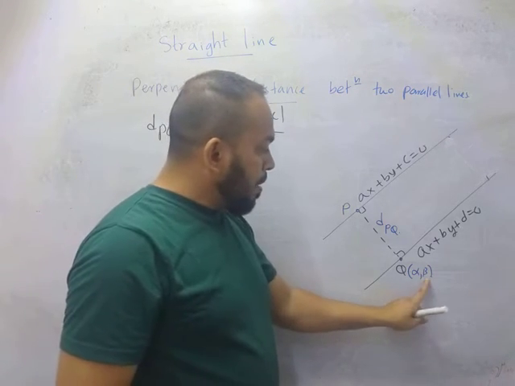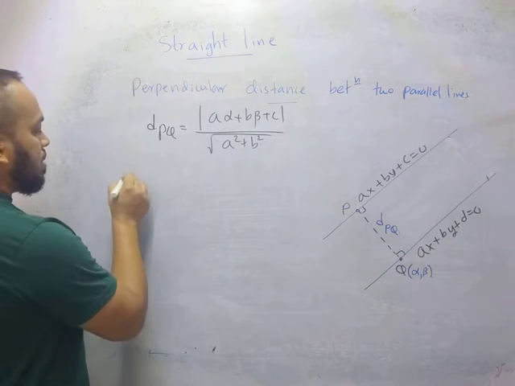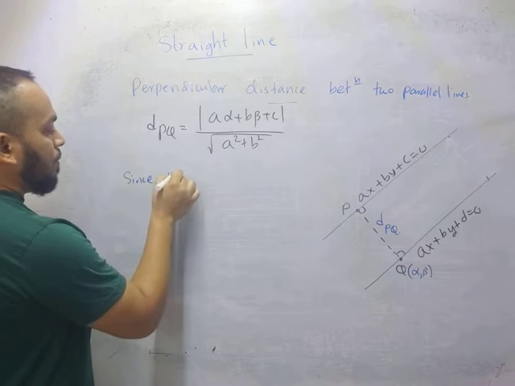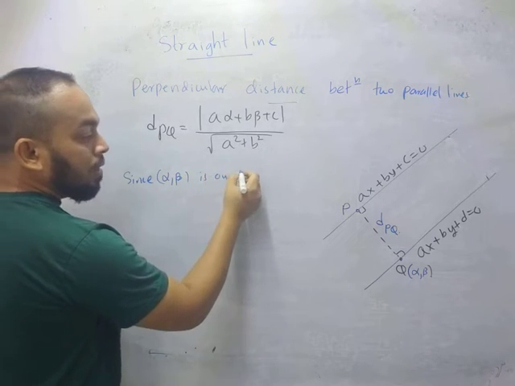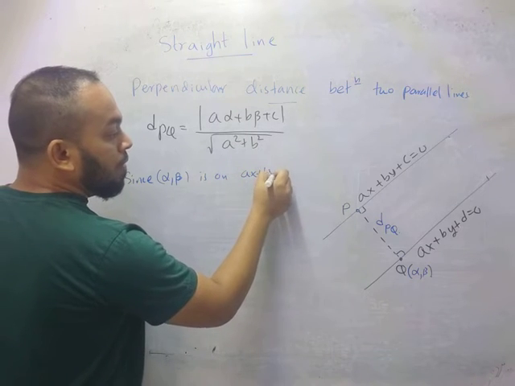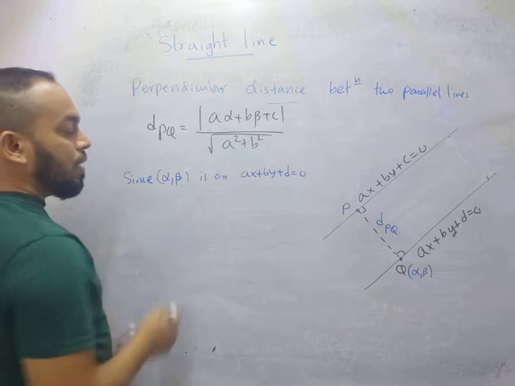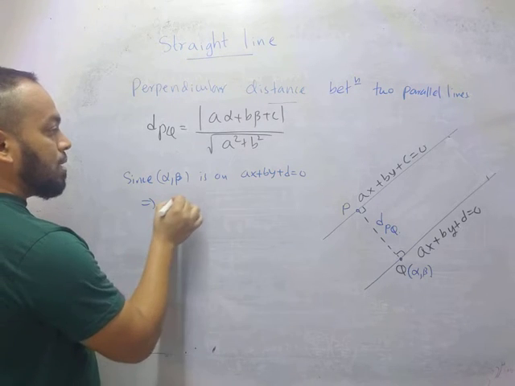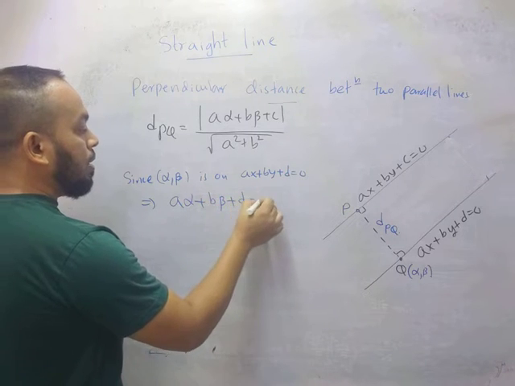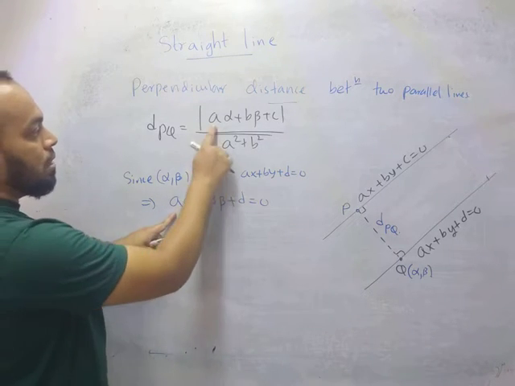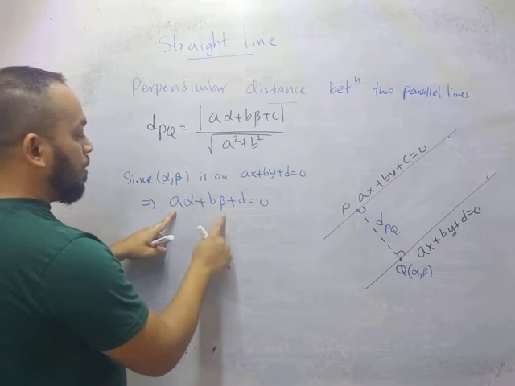Now since alpha and beta are on this line, this is fairly easy to prove. Since alpha and beta is on ax plus by plus d equals 0, this would satisfy this equation. So this implies a alpha plus b beta plus d equals 0. And notice here we get these two terms and we can obtain a value for these two terms.